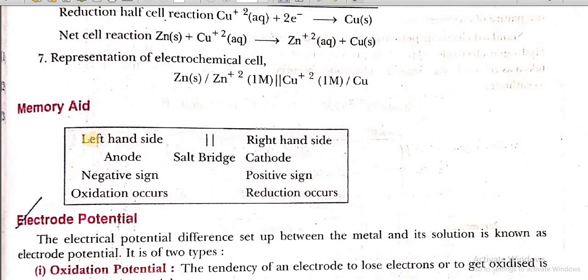Now if you see the first alphabet of each word on this side and the first alphabet of each word on the right hand side, you'll find the letters come in this order: L, R, A, C, N, P, O, R. Okay, so you can remember that.